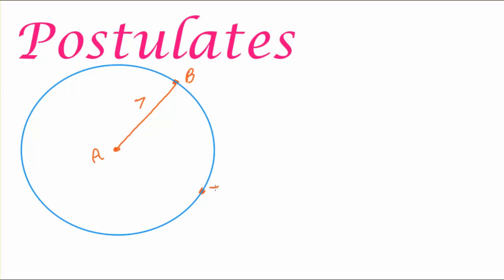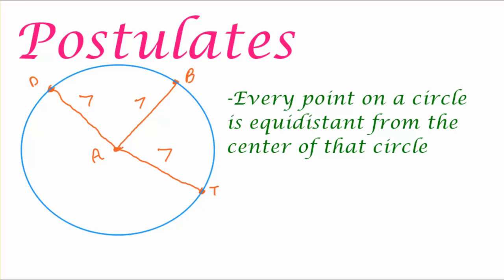I can draw another point, point T, and another radius from point A to point T will also be 7. And another point on the circle, point D, when drawn a line from D to A, will also have a length of 7 centimeters. From this observation, I can conclude that every point on a circle is equidistant from the center of that circle.